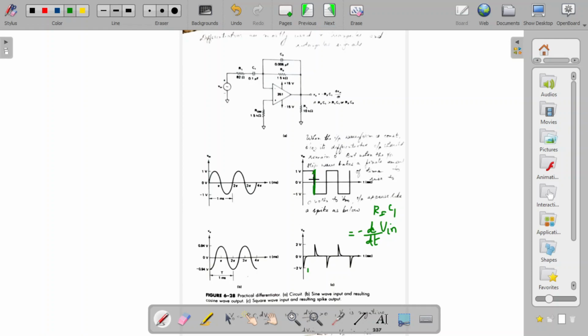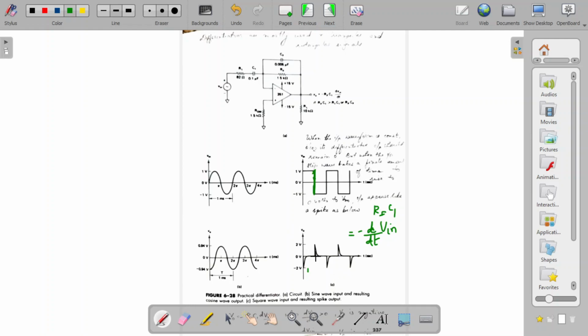So over this time, when the voltage decreases with time, the output will be the negative of dVin/dt. Since dVin/dt is negative, the negative of negative gives a positive output. So the output is positive for this variation, when the input reduces from 1 to minus 1 volt.